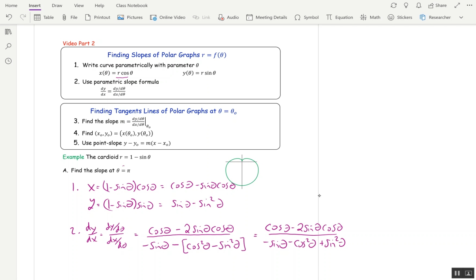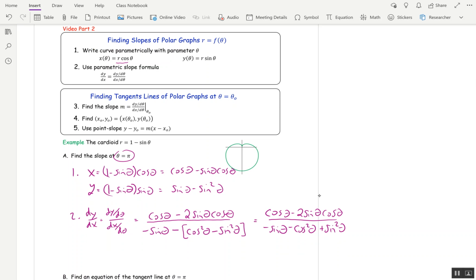I want the slope at theta equals pi. So now I'm down to step 3, find m. m is dy/dx at theta equals pi. So I have cos pi minus 2 sine pi cos pi over negative sine pi minus cosine squared pi.